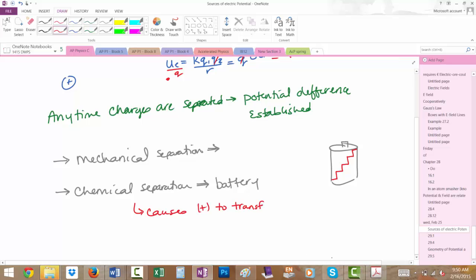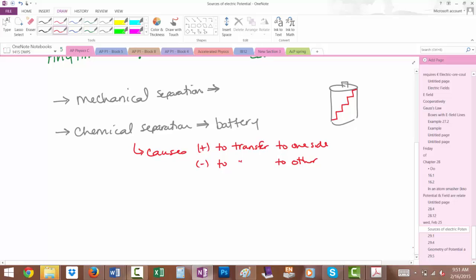I'll say transfer, positive to transfer to one side and negative to transfer to the other. And in doing so, we get two sides with charges that are separated.